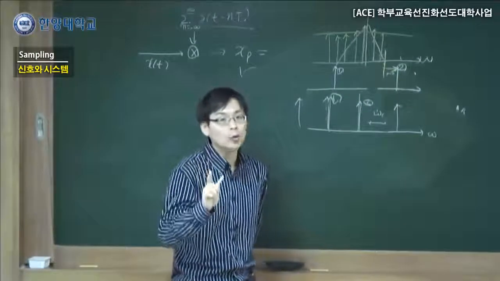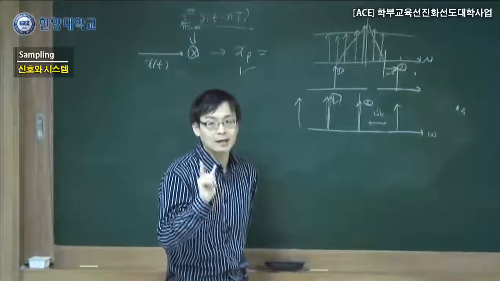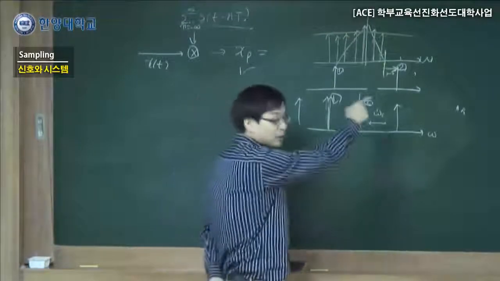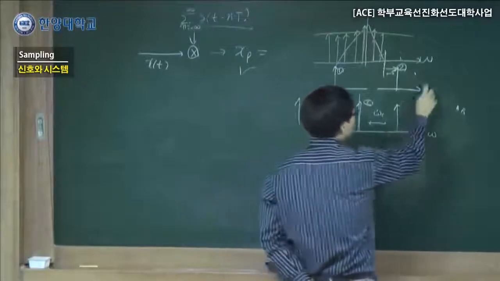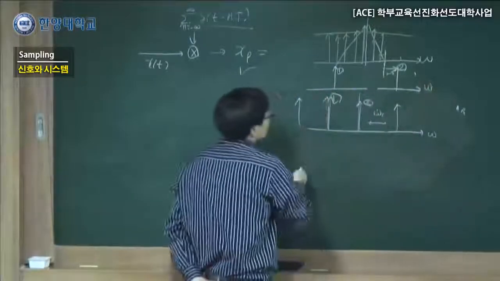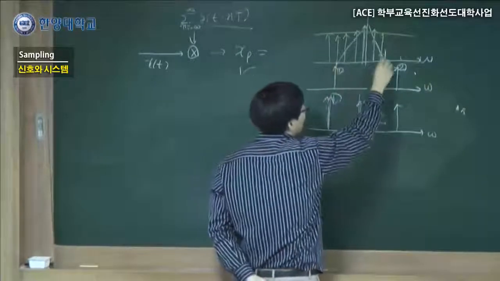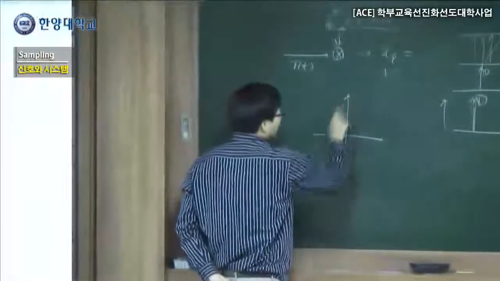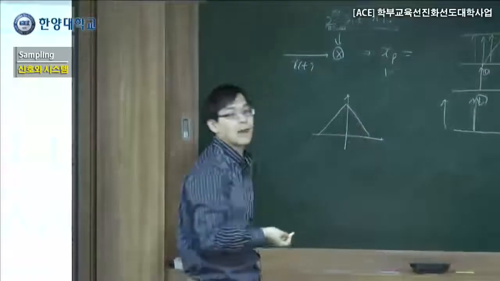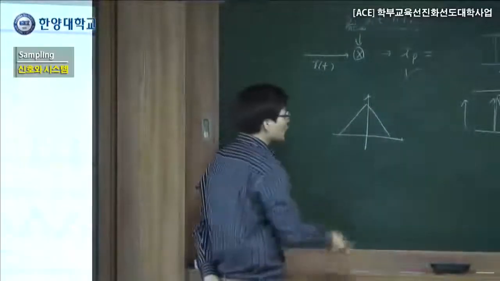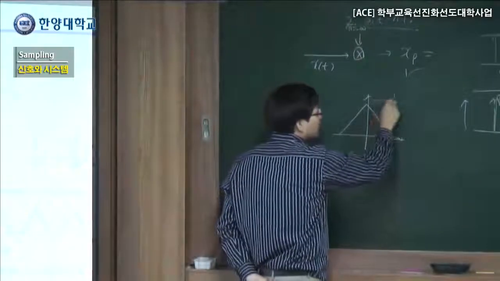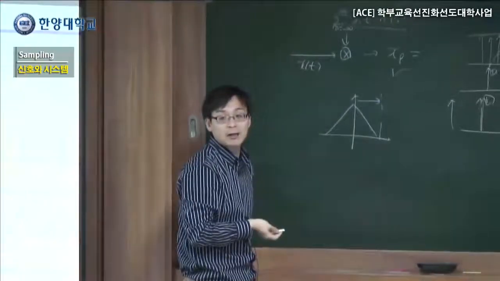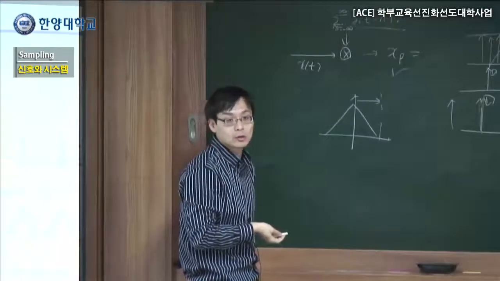Remember, we are talking in the frequency domain, not the time domain, right? So what we draw as a triangle as a basic signal is sometimes called a band limited signal, meaning that we can define its maximum frequency.